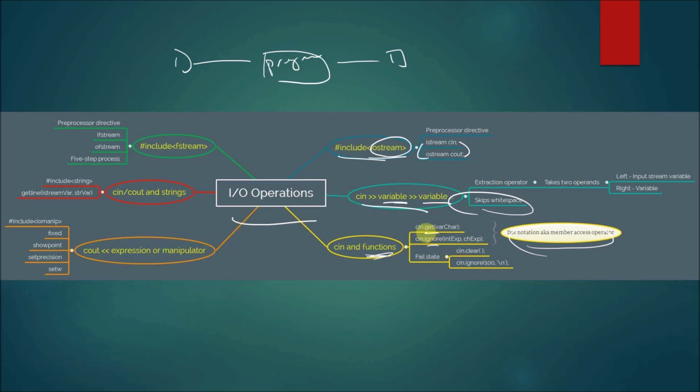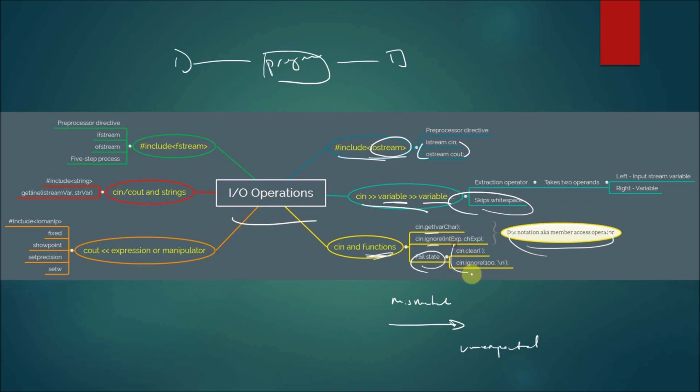We have get, ignore, and then if we run into a failed state, meaning the data that was inputted is incorrect because we had some sort of mismatch of data, all future data is basically going to be incorrect, and our data is going to thus produce unexpected results because we're going to be calculating incorrect data.